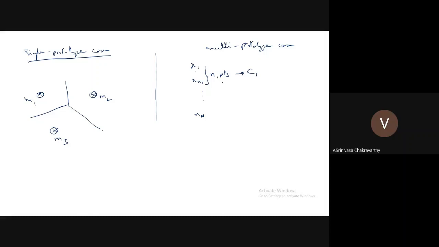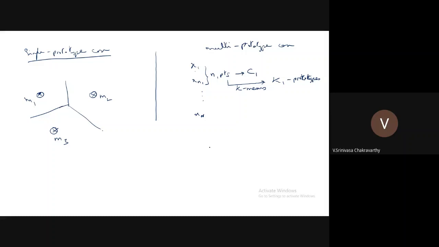So if you have n1 points for each class, then you perform k-means over those n1 points. Maybe you can get k1 prototypes. Okay, so you get k1 prototypes for each class.